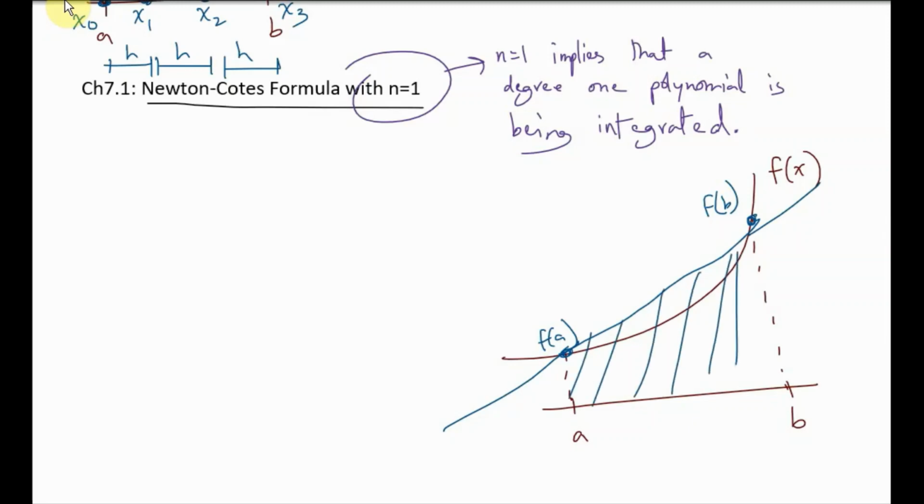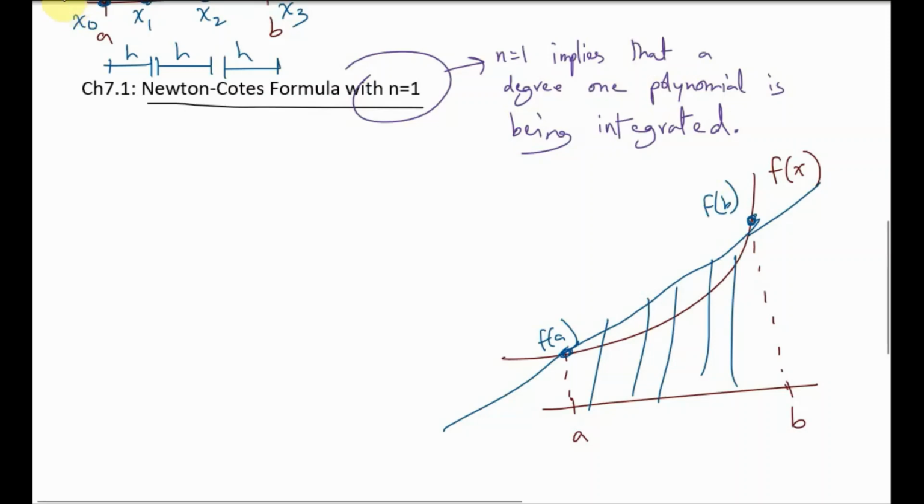That will be my approximation of the actual integral. So this is the polynomial approximation, and this is the actual integral approximation. Let's take a look at how this can work.